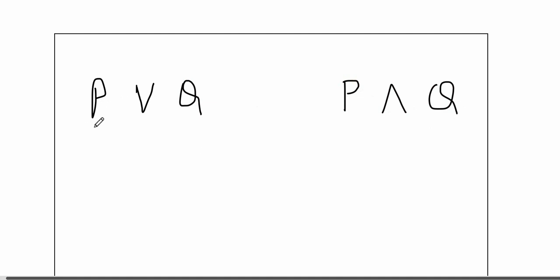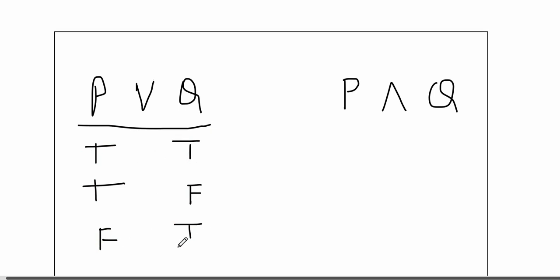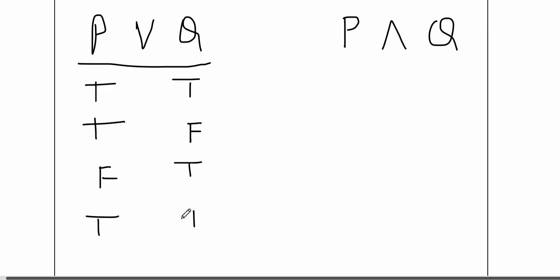For P or Q, we write down the truth table first: true and true, true and false, false and true, false and false. In an OR table, if either P or Q is true, then the answer is true.